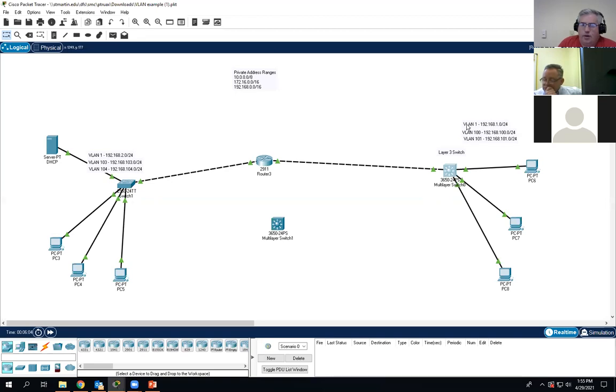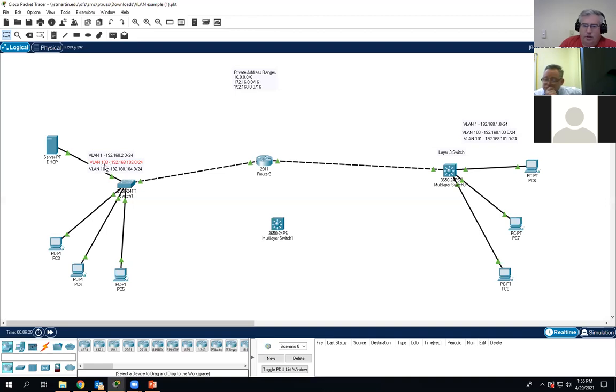And then on this end, we have VLAN 1, VLAN 100, and VLAN 101. Now, you don't have to have the numbers be unique. So on this side, we can have VLAN 103 and VLAN 103. It just gets confusing. So that's the reason why I did it this way, so that I could have my 192.168.103 match up to VLAN 103.